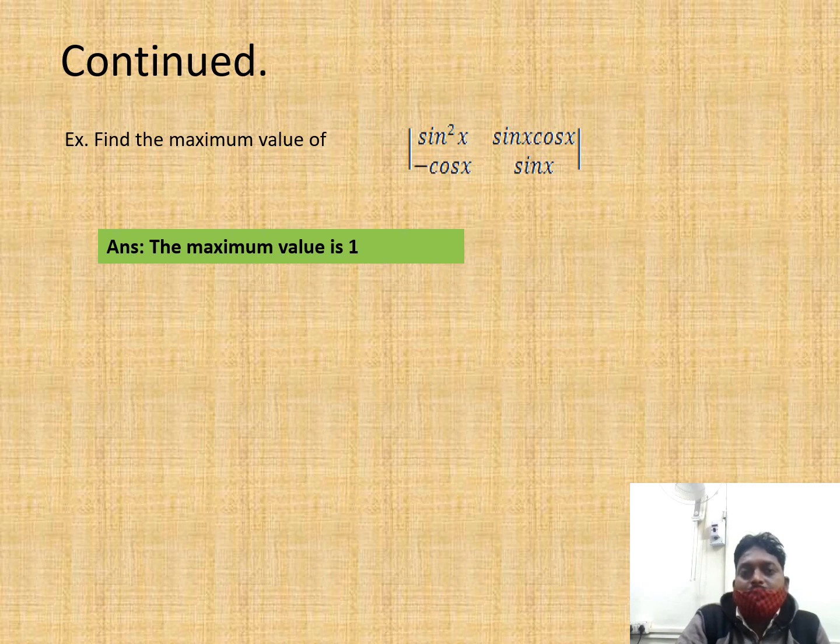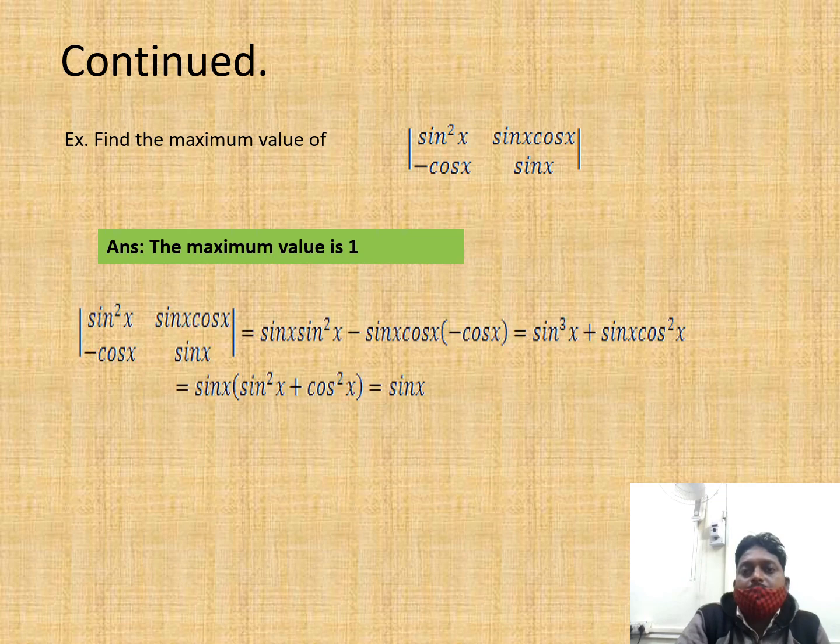All of these are most expected questions. The determinant is found as sin cube x plus sin x cos square, sin x is taken common, and the final answer becomes sin x. Here the maximum is asked.